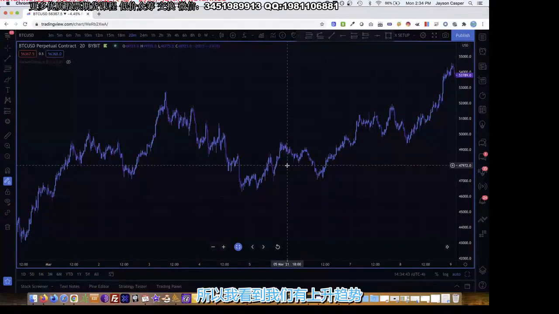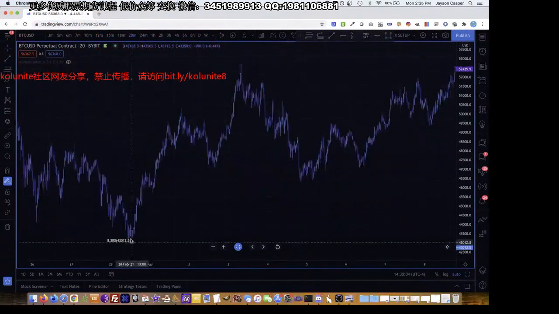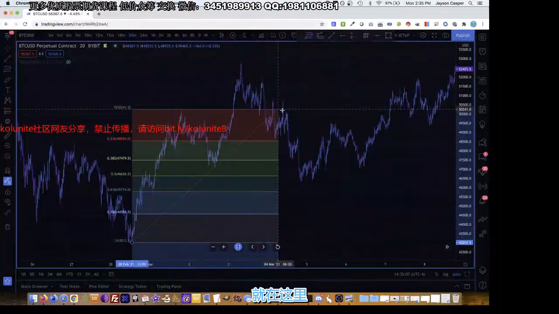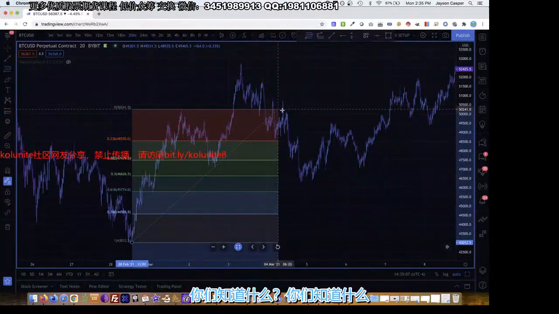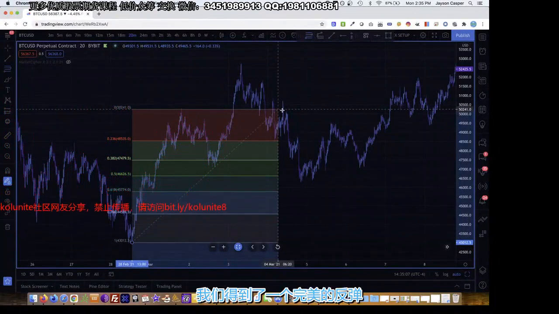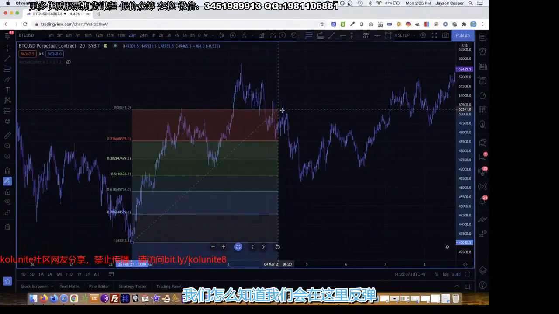So I see we have an uptrend and then a retracement and then we continue on with the uptrend. So let's pull from the bottom to the top of our uptrend right here. And what do you guys know? We get a perfect bounce off the 0.382 level. Okay, now again, how do we know we're going to bounce here?